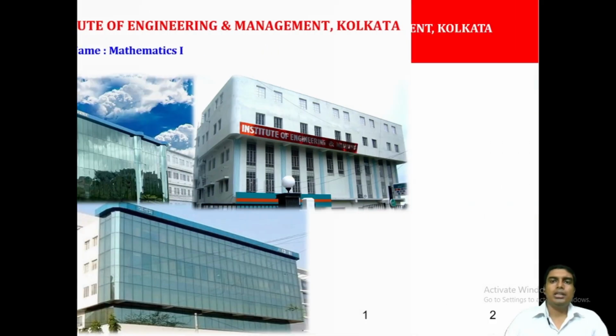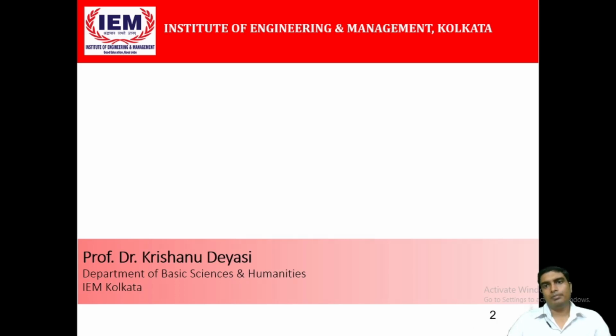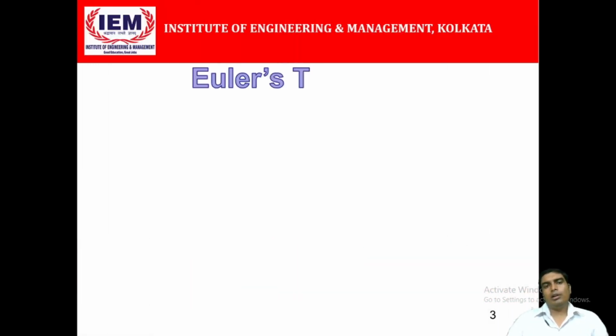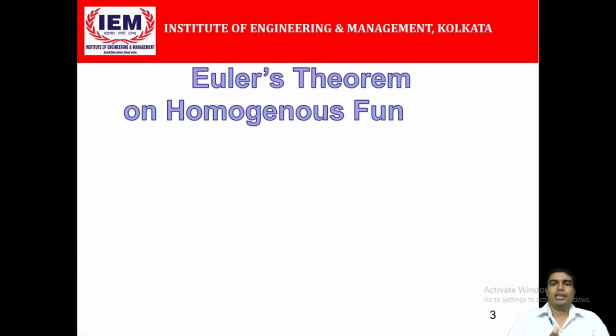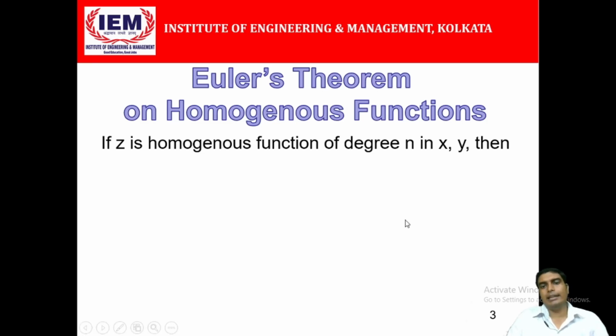So, in this lecture, I will talk about the Euler theorem. The Euler theorem I already talked about in the previous lecture. In this lecture, I mainly talked about the Euler theorem of the first order partial derivative. So, what was that theorem? If z is a homogeneous function of degree n, okay.